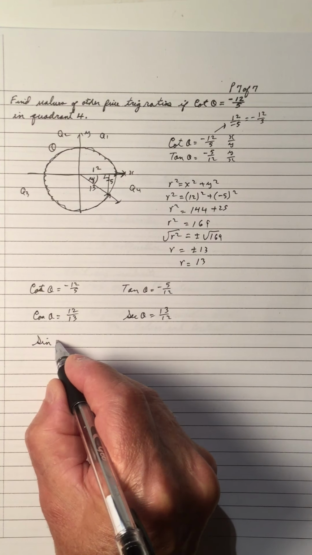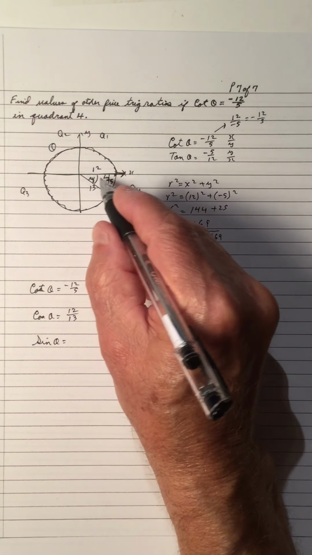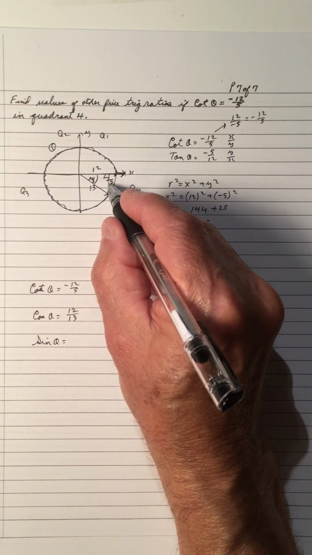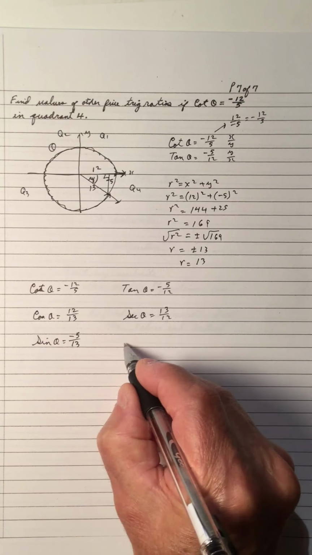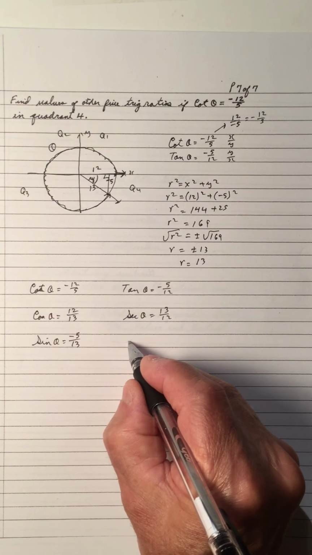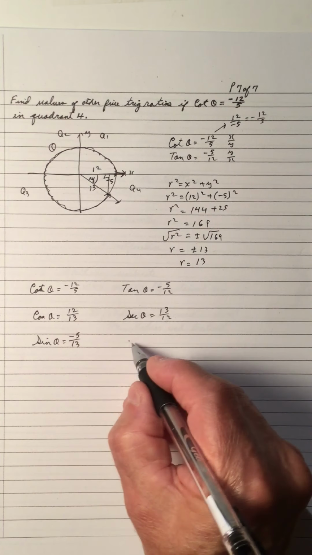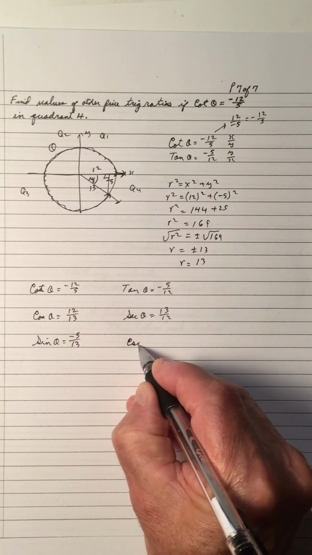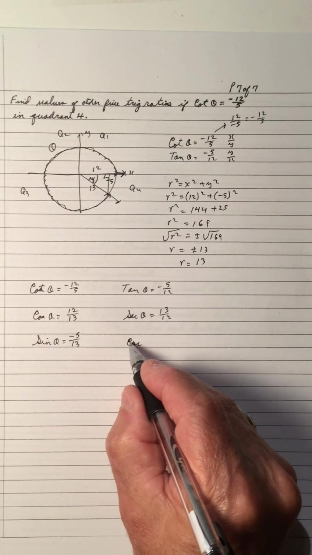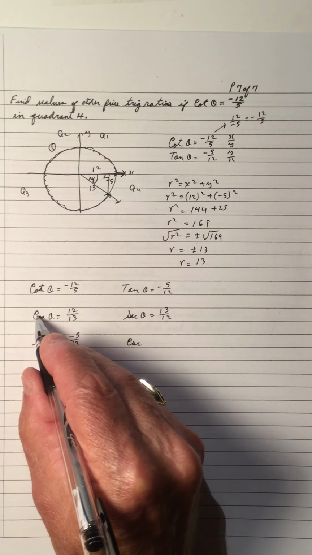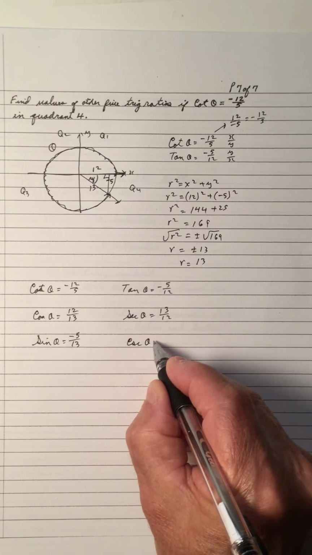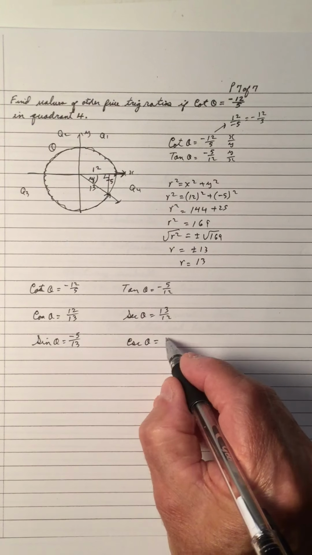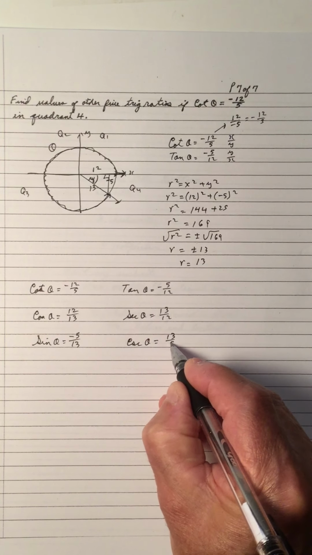Sine is the y over r, so the y is negative 5 and r is 13. The reciprocal of sine begins with c, so it's cosecant. Sine begins with s, so this begins with c. Cos begins with c, so the reciprocal is secant. So the cosecant is the reciprocal, which is negative 13 over 5.